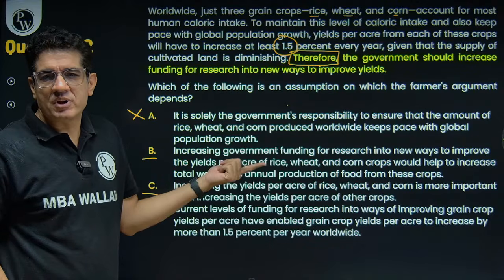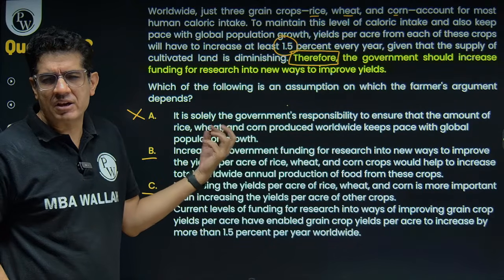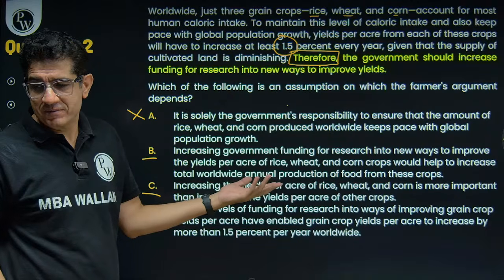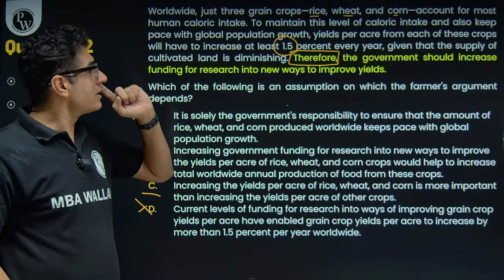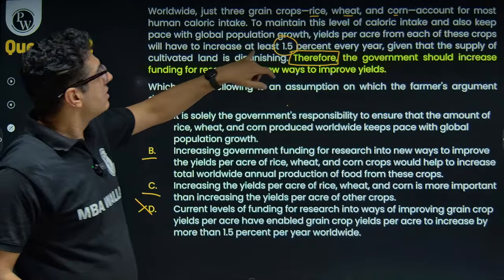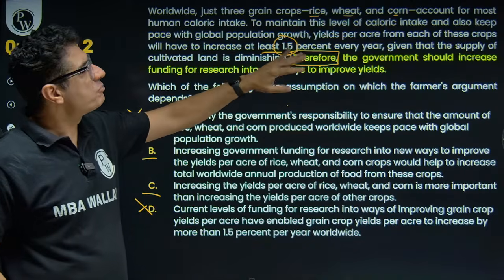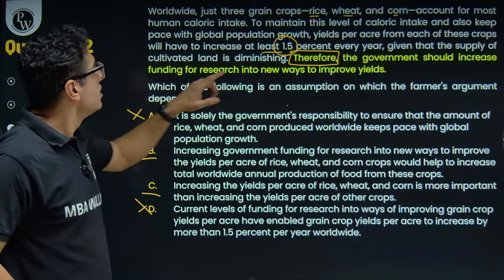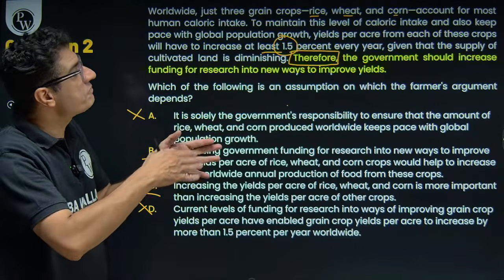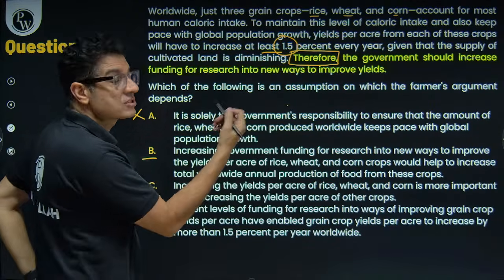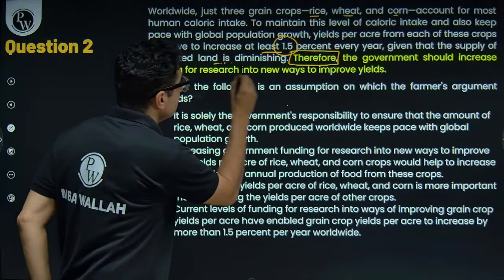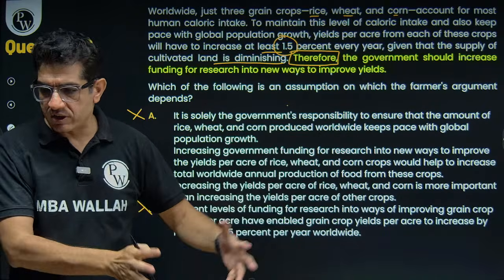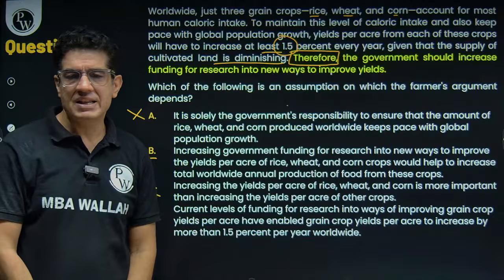So here the assumption is government can do something, or government's intervention is important, or another assumption is that at least 1.5% growth in yield per acre every year should be sufficient to offset the loss of supply caused by diminishing cultivated land, the reduction in the cultivated land.